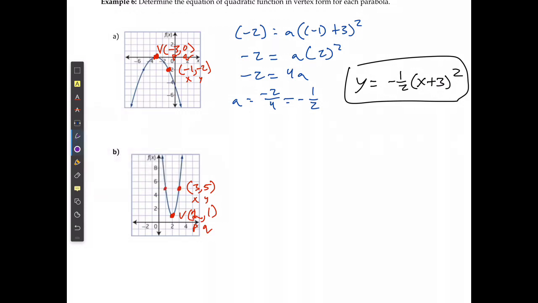I'm going to state that 5 is equal to a(3 minus 2) squared plus 1.